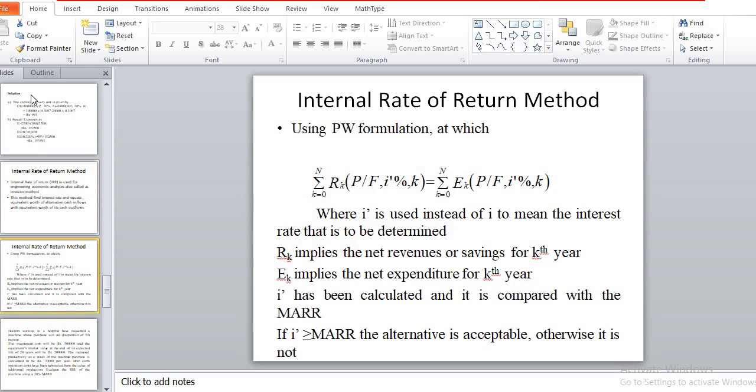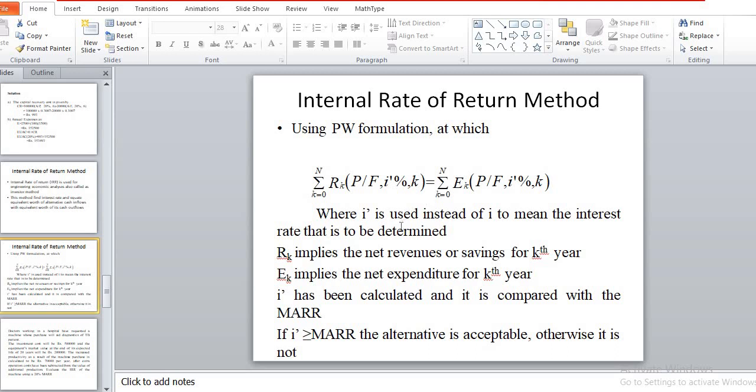So we consider here the present worth formulation, and here we equate them. We are interested in finding a particular interest rate I. This I we denote as I dash, the rate at which the cash inflow and cash outflow are equal.